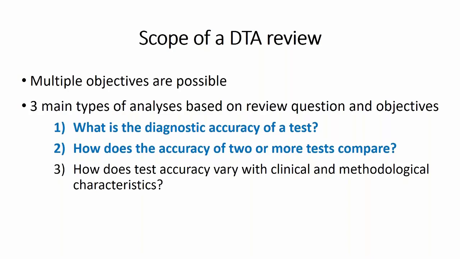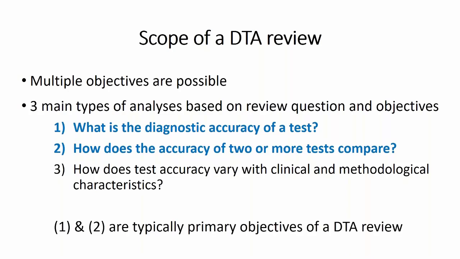But also in the wider literature, we see a growing number of comparative accuracy reviews. Of course, not all of these reviews perform meta-analyses, and some of them might just perform meta-analysis of one test in the review, or some go on to do a comparative meta-analysis.